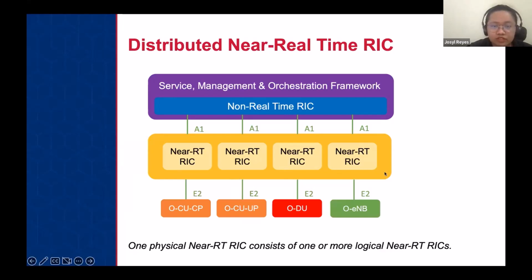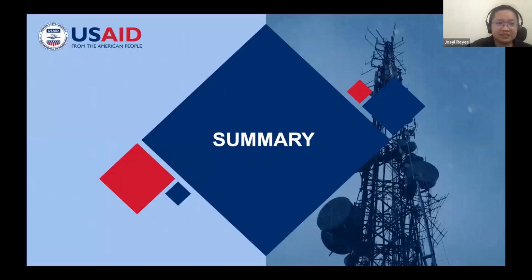This is maybe one physical device, but there are several logical devices, virtualized functions. Okay. And that is it. That is it for today's presentation of our course on RAN Intelligent Controller.